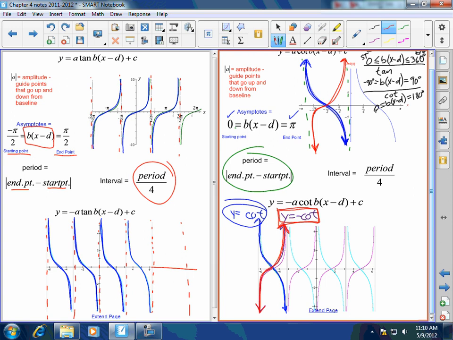The question is, why are the parameters for the cosine and sine less than or equal to, but not equal to? Okay. We set the parameters of the tangent and the cotangent equal to because at that spot, my end point and my start point, those are asymptotes. They stop. You cannot go on. But for a sine or cosine, my starting point is a real point, isn't it?